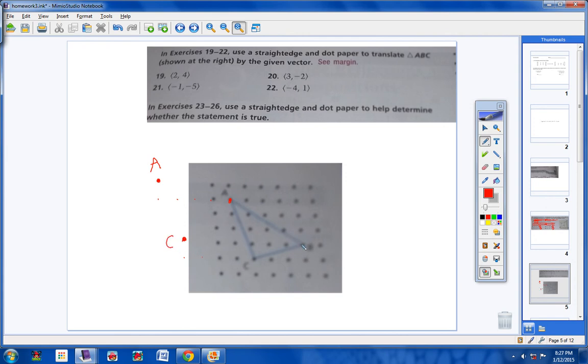And now point B, negative 4, 1, 2, 3, 4, and then up 1. There's where point B would be right there. So, there's your triangle. So we took triangle ABC, this blue triangle right here, and we translated it 4 to the left and up positive 1. Okay? I hope this is making sense, guys. It's not too difficult, really, okay?